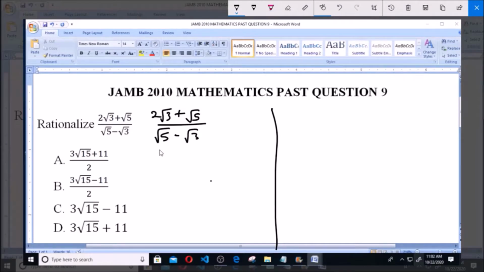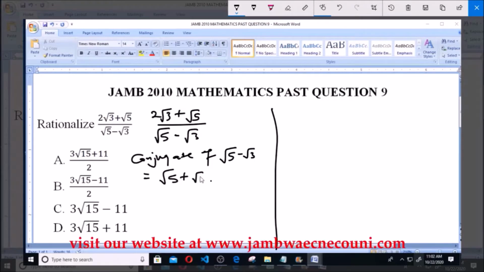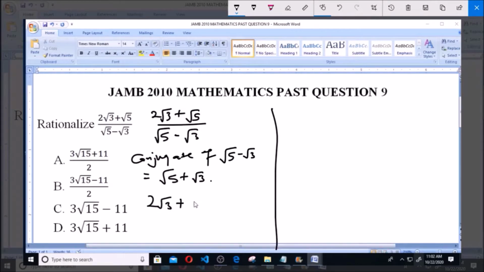Now the conjugate of root 5 minus root 3, we simply change the sign, and that is equal to root 5 plus root 3. Now we multiply the numerator and denominator by this conjugate. So we'll be having 2 root 3 plus root 5 all over root 5 minus root 3 multiplied by root 5 plus root 3 all over root 5 plus root 3.